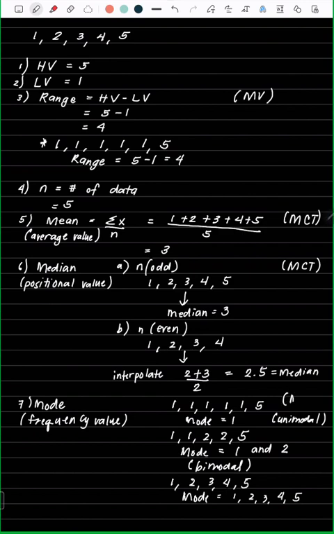Because all the 5 data that we have appeared only once. All right. So again, this is part of MCT. For the measures of central tendencies, mean, median, mode, we have average value, positional value, and frequency value. In the mean, median, mode, the values can be equal to each other. But it's also possible that they are different from each other.